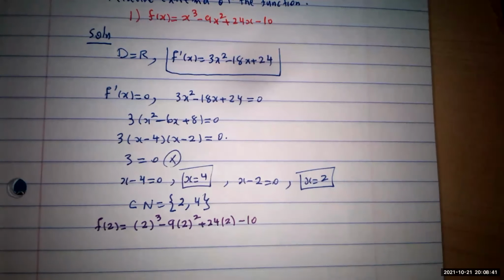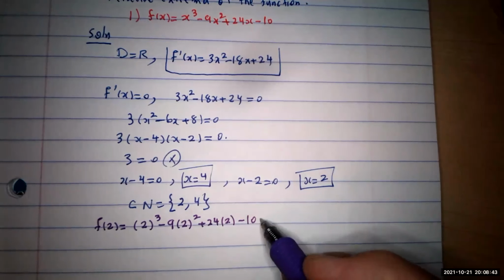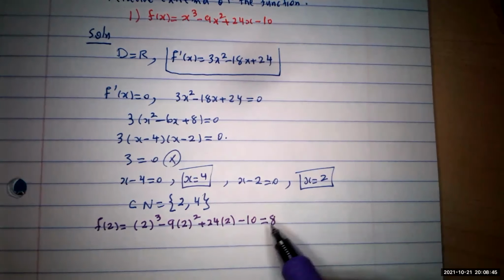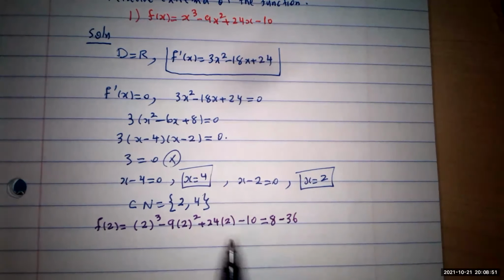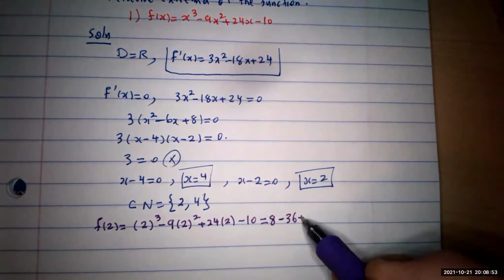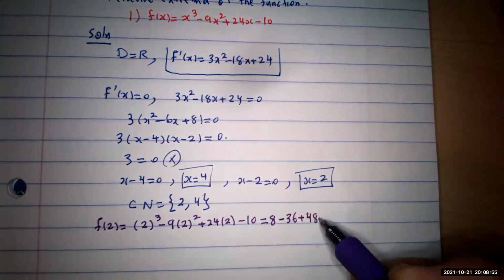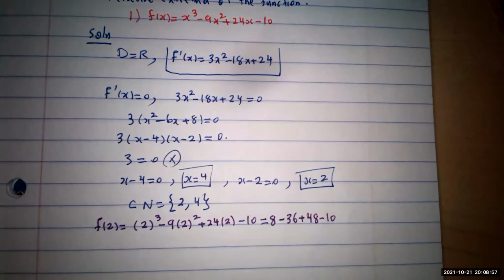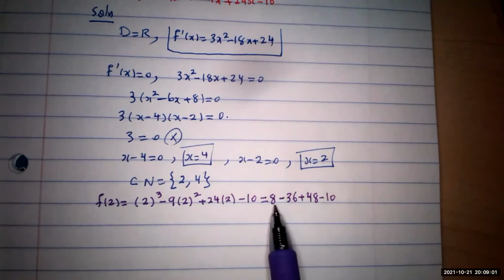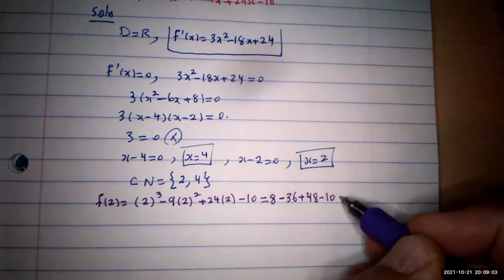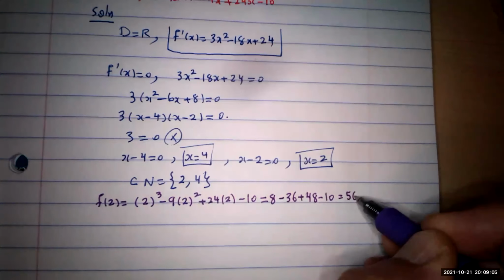2 cubed would be 8. 2 squared would be 4. 4 times 9 would be 36. 2 times 24 would be 48. And the minus 10. I just substitute. So get these numbers together, 8 and 48 would be 56.